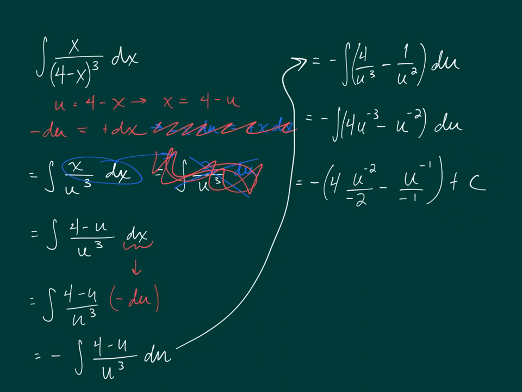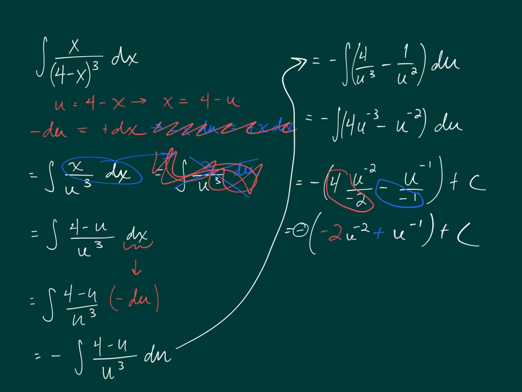Now for some simplification, I will have a negative, let's see, the 4 over negative 2 becomes a negative 2 u to the negative 2. And again, here we have a negative 1 divided by a negative 1, which makes it plus u to the negative 1 power plus c.